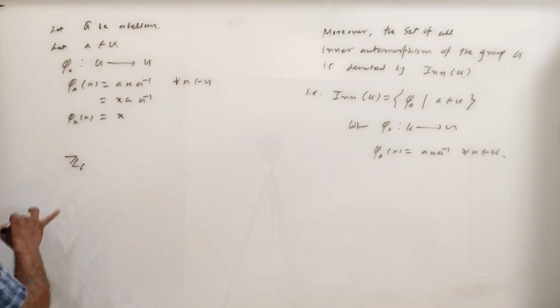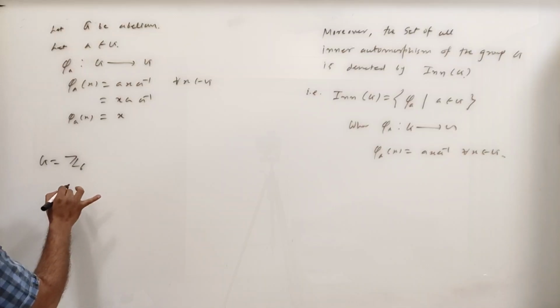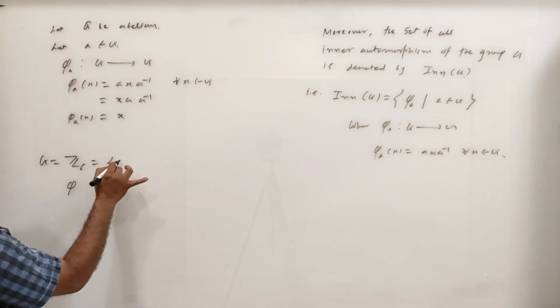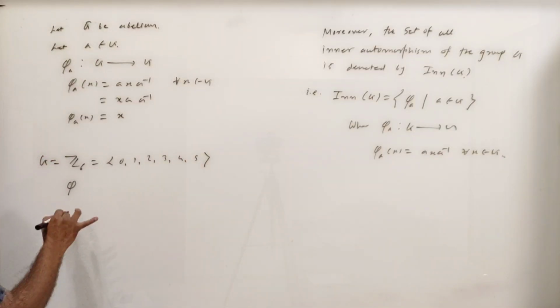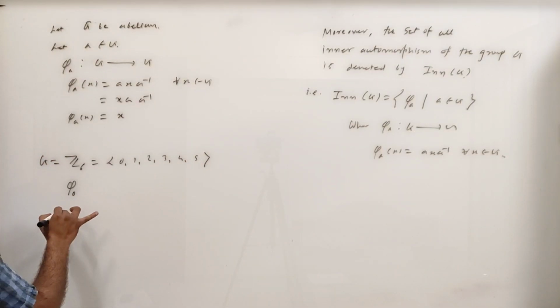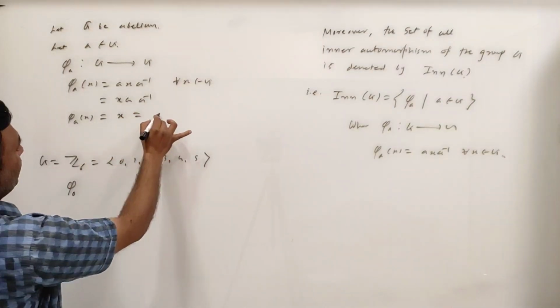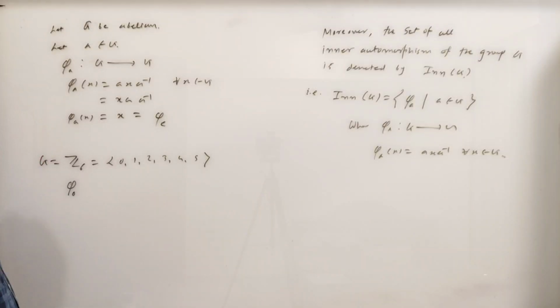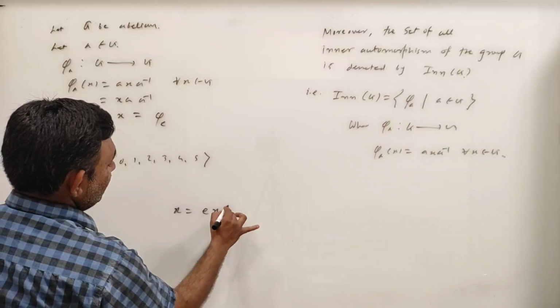For example, suppose your G is Z6, which is abelian. Z6 is 0, 1, 2, 3, 4, 5. If you consider phi_0, then this x can be written as e x e inverse.